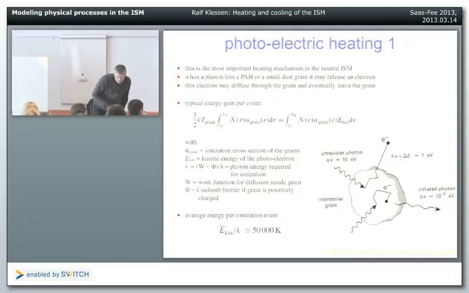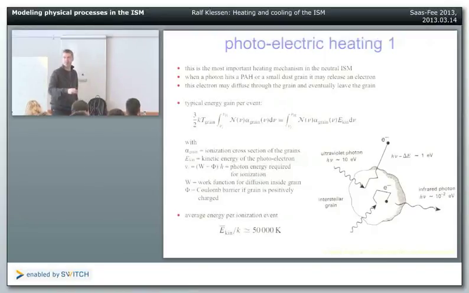There's something missing here. Well, by taking the total kinetic energy that the electron has afterwards by the absorption coefficient, this gives you an effective temperature. The thing is complicated by the ionization cross-section of the grains, and the kinetic energy of the photoelectron, which is typically electron volts or below.